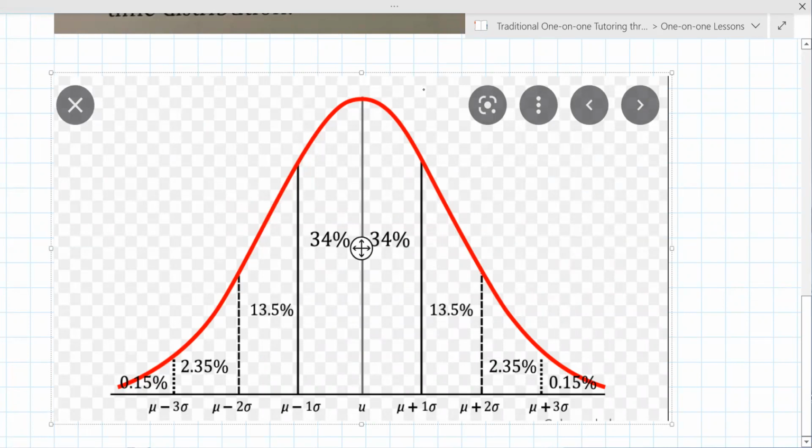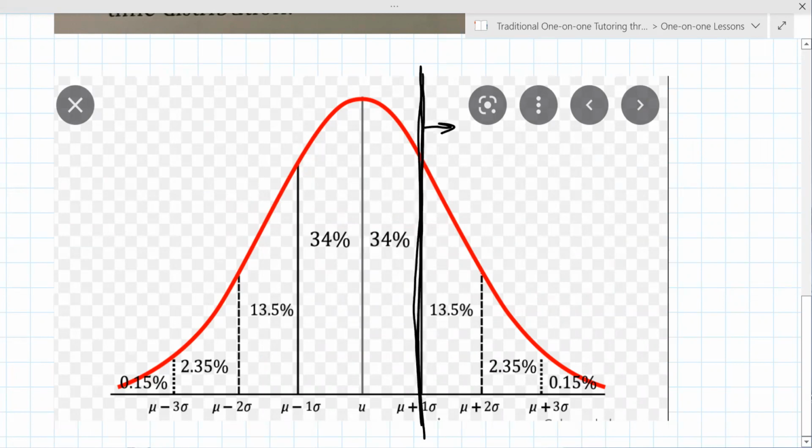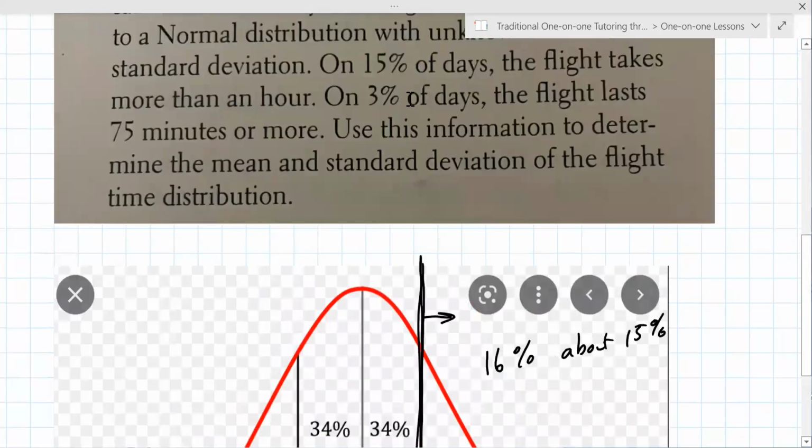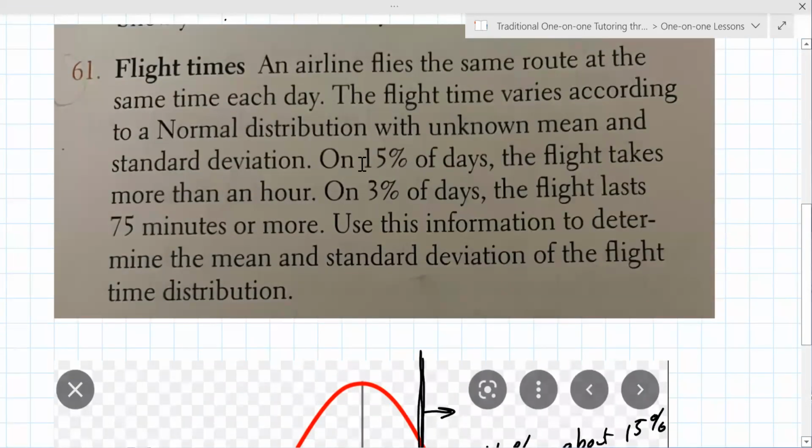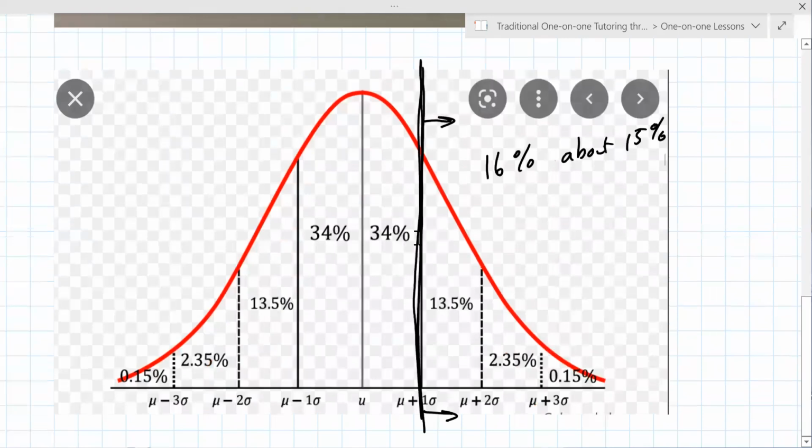Everything to the right of this line is actually 16%, but we'll say it's about 15%. So we know that 60 minutes is about one standard deviation from the mean.